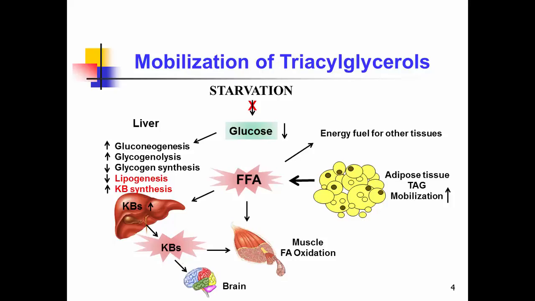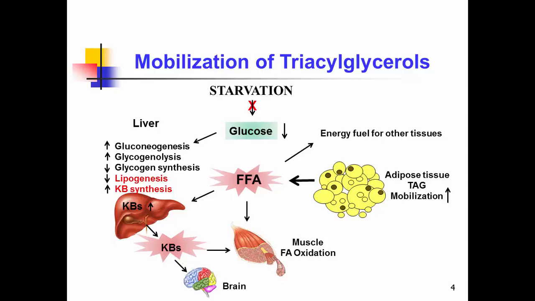So the liver makes ketone bodies from acetyl-CoA, which is primarily generated from fatty acid oxidation. We're going to talk about that later. Ketone bodies are released from the liver into circulation and transported to other tissues, particularly the brain and muscle, for use as energy.